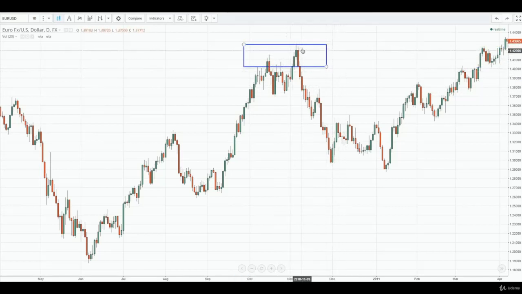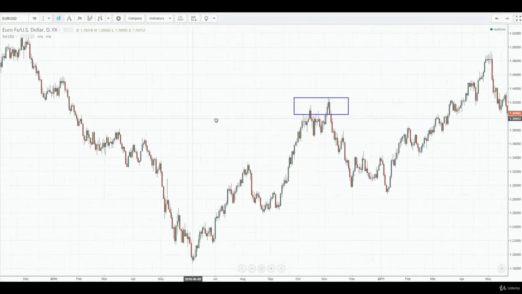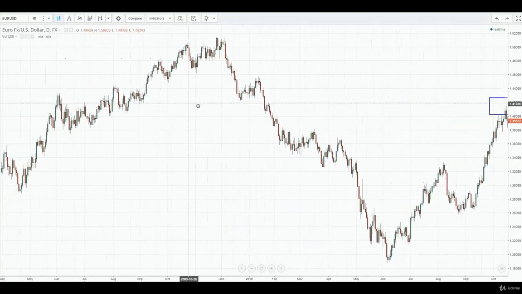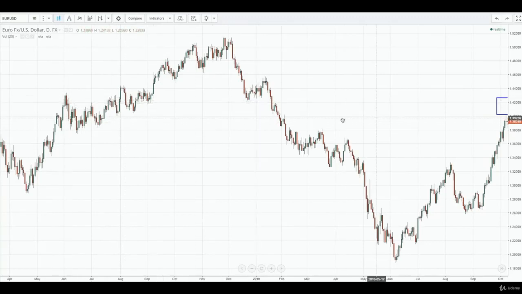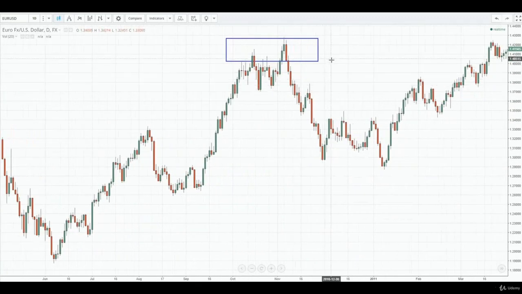Okay, so we know up here around 42 we have a convergence of ratios. We can look out left and you can see that we have some structure around here. We've had some good structure here.